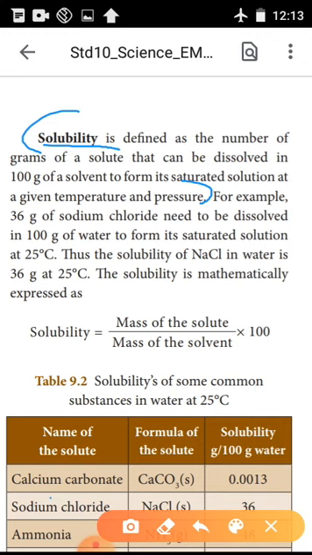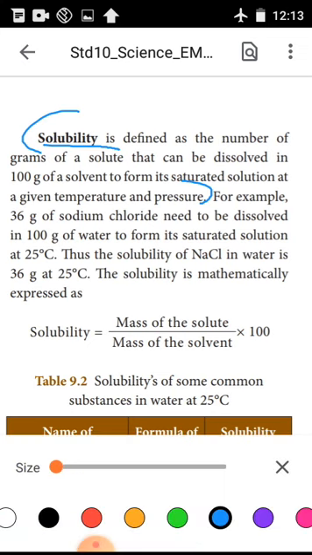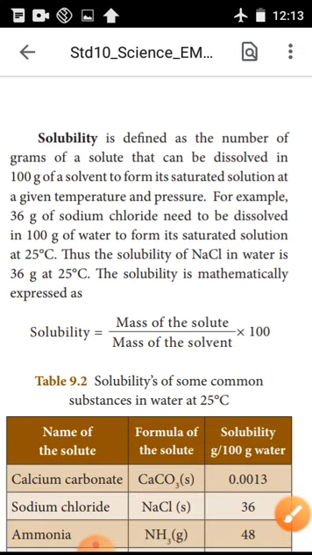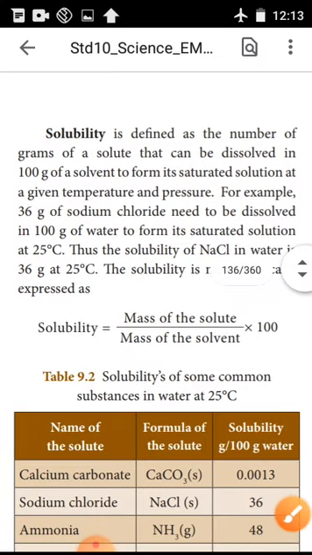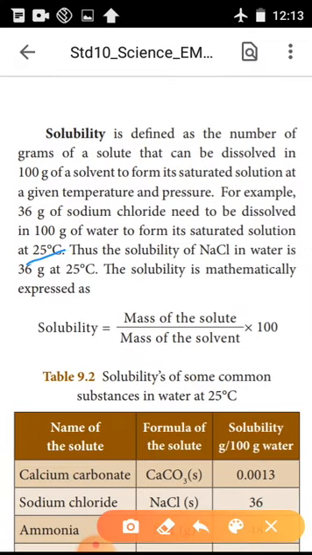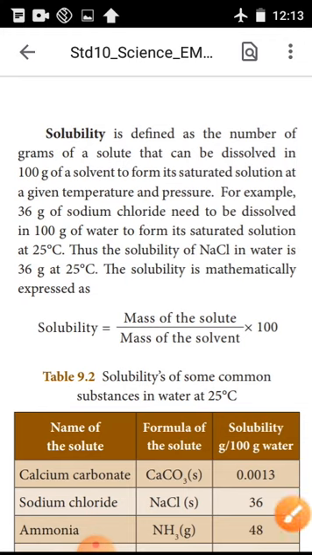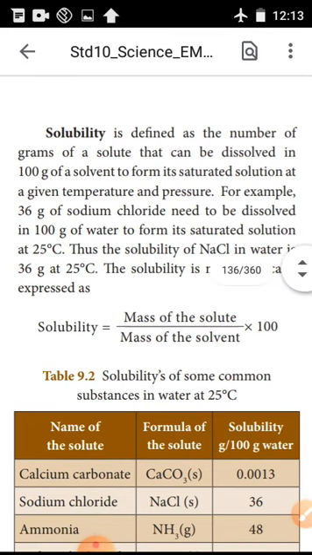So in a given temperature and pressure, for example at 25 degrees Celsius, the given amount of solute, already they gave, it is a saturated solution.